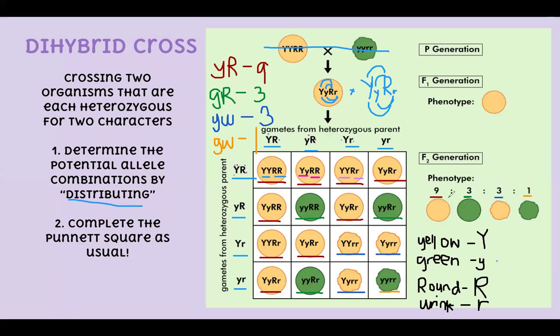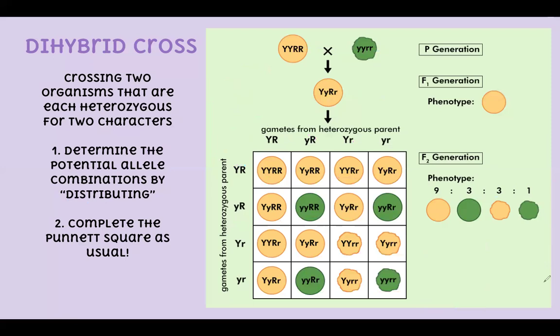But this is the ratio Mendel found, and it is the ratio that will always be for this double heterozygous parent. Okay? Like I said, this is as complicated as a dihybrid cross gets because this has the most unique combinations. Okay, so hopefully you were able to follow along with that.